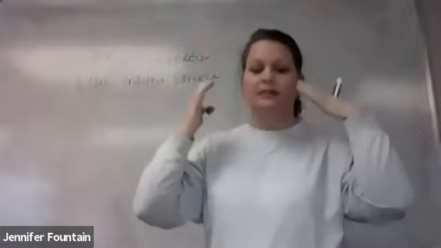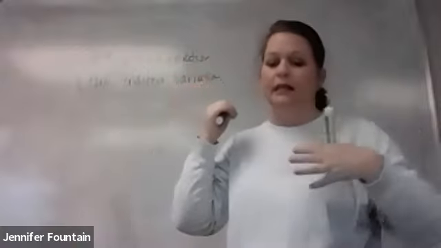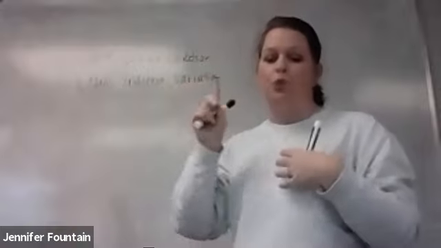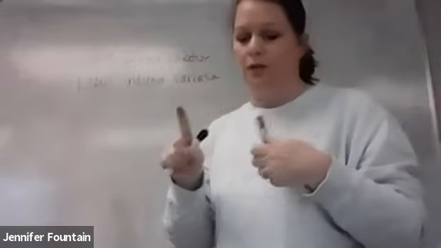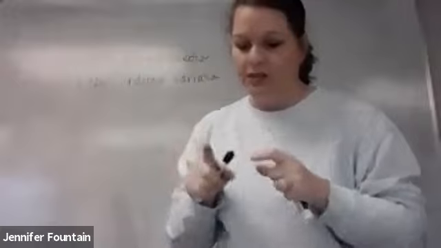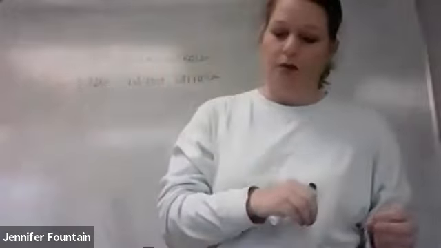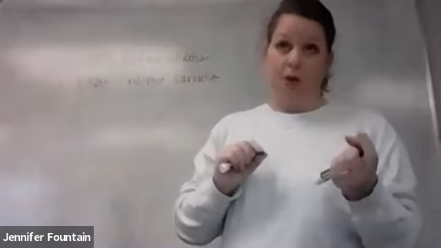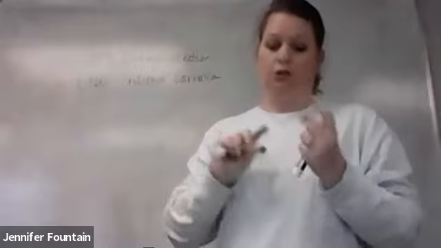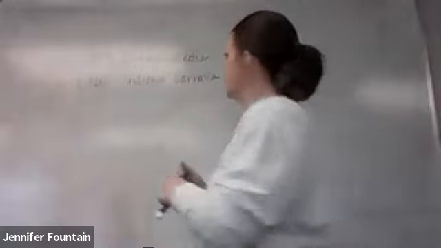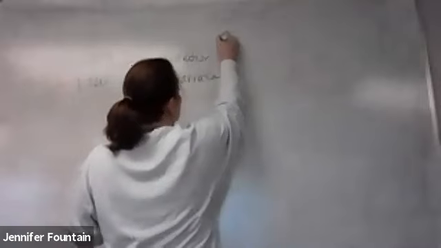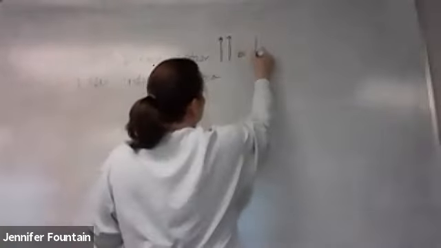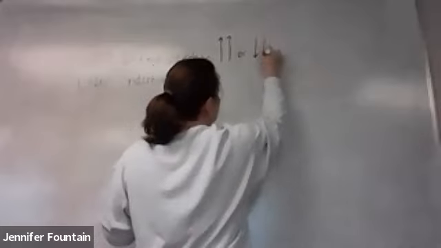Lesson 119 says a linear equation is one in which one variable is a multiple of another variable, known as a direct variation. One variable varies directly as the other variable. In other words, as one variable gets larger or smaller, the other variable gets larger or smaller at the same time. So when I talk about a direct variation, as one gets larger the other gets larger, or as one gets smaller, the other gets smaller.